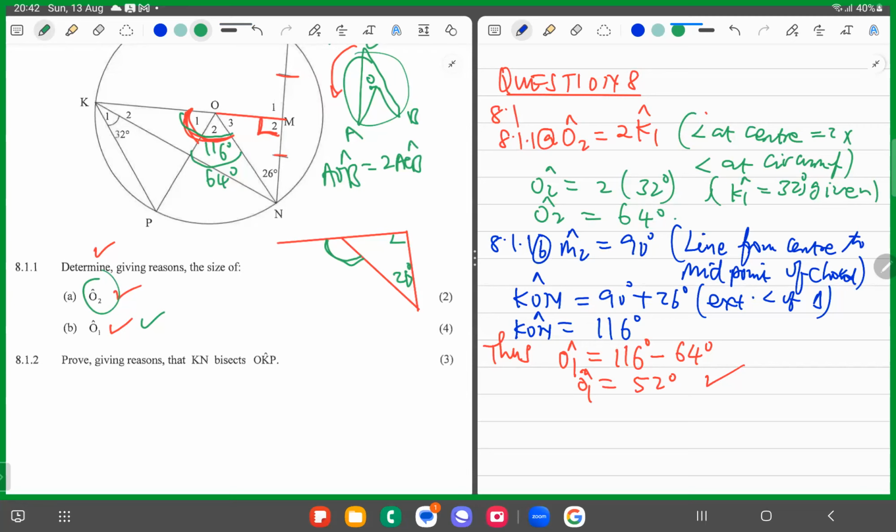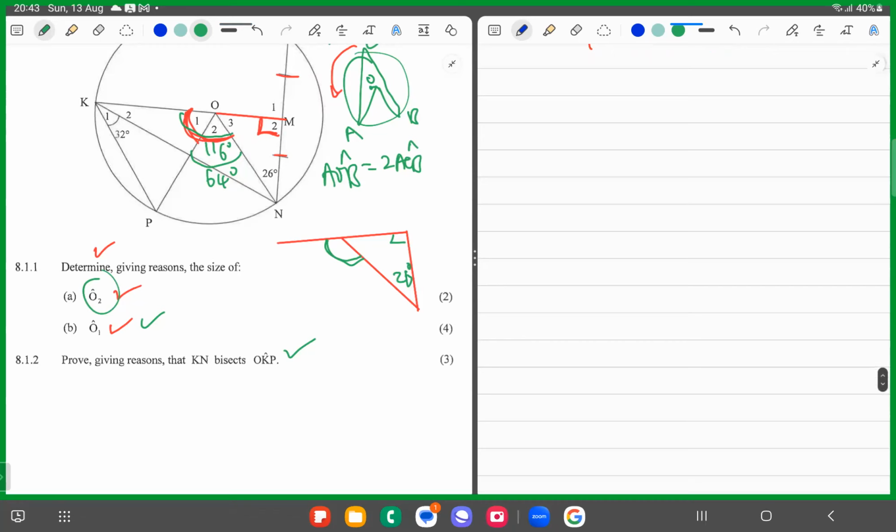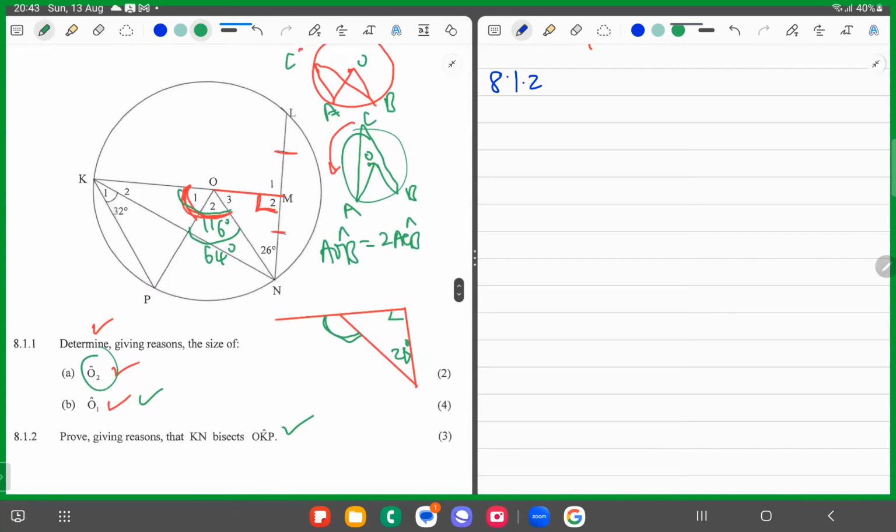Now we continue to look at more questions and to solve more problems. Prove, giving reasons, that KN bisects OKP. Let's analyze that one. So if you look at question 8.1.2, prove, giving reasons, that KN bisects OKP.